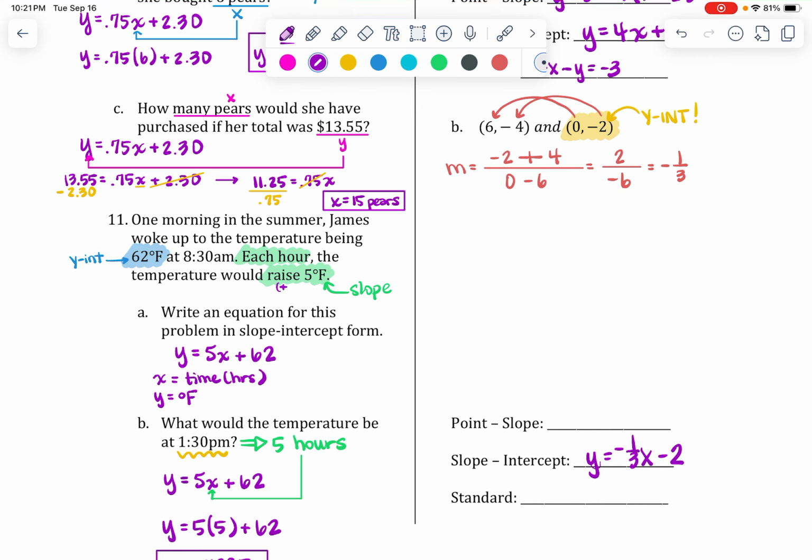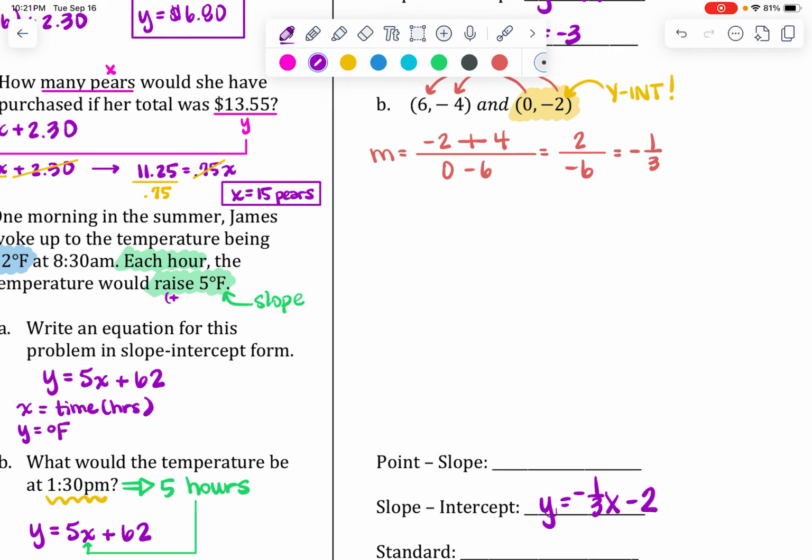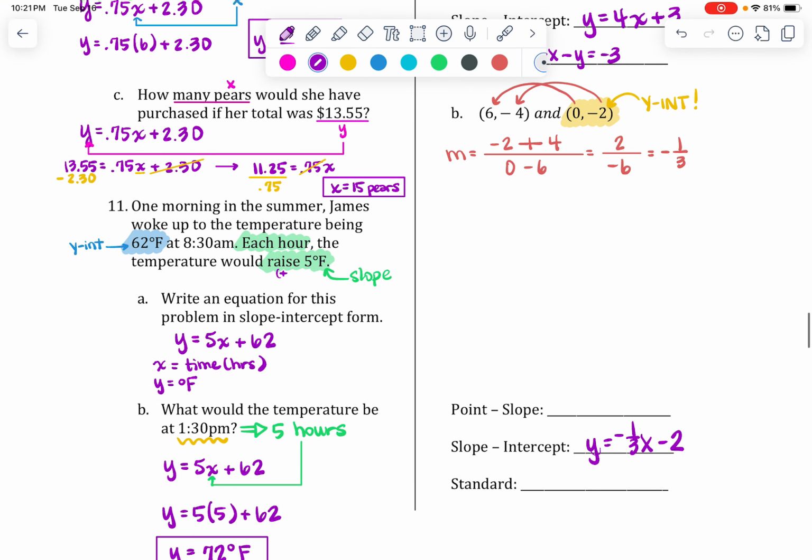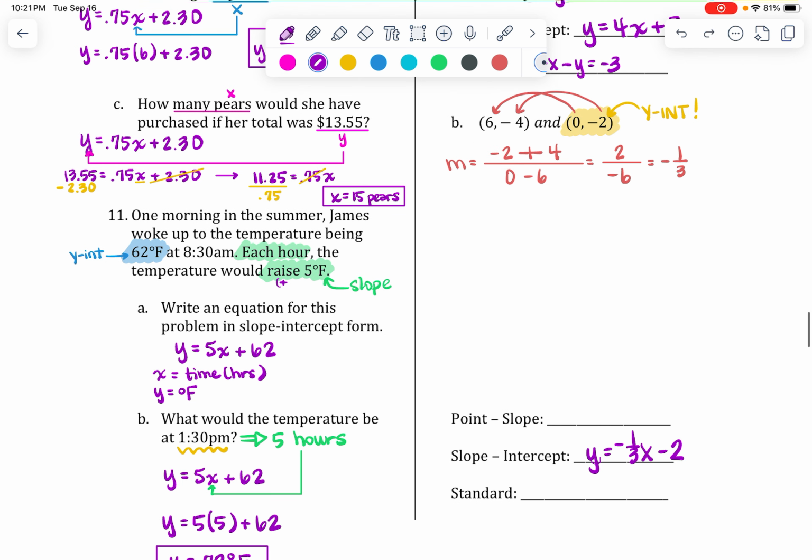If you don't want to do that, or if you don't catch it, no big deal, because my point slope form is literally just taking one of the points. It does not matter which one. If I use the first point, then my point slope form is y plus 4 equals -1/3 times x minus 6.